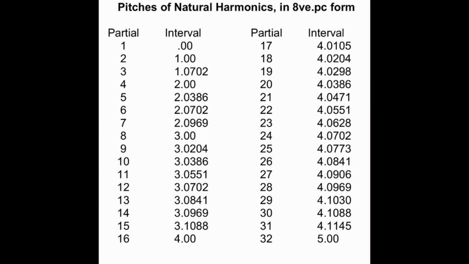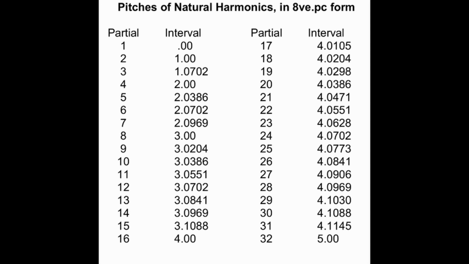As you can see, octaves are perfectly in tune, and the perfect fifths, 3, 6, 12, 24, major seconds, 9th partial, and minor third, 19th partial, are 2%, 4%, and 2% away from their equally tempered pitches. The major thirds, 5th, 10th partials, are 14% flat.